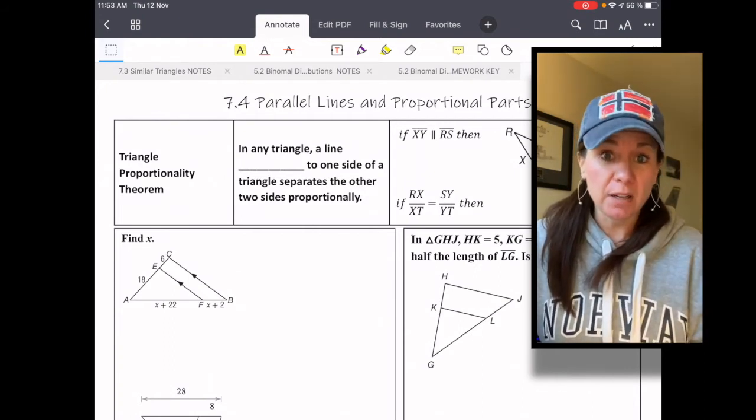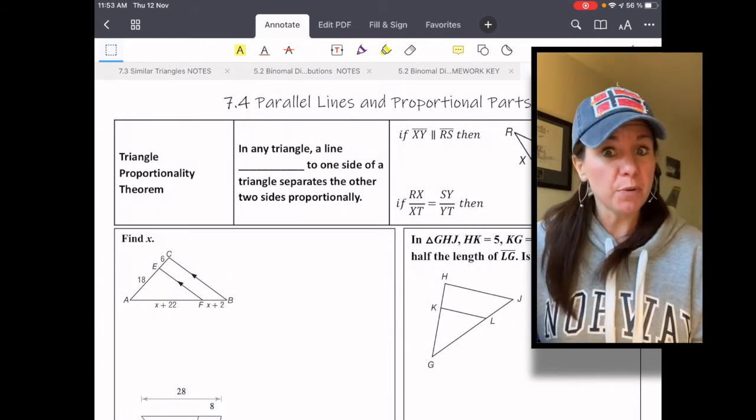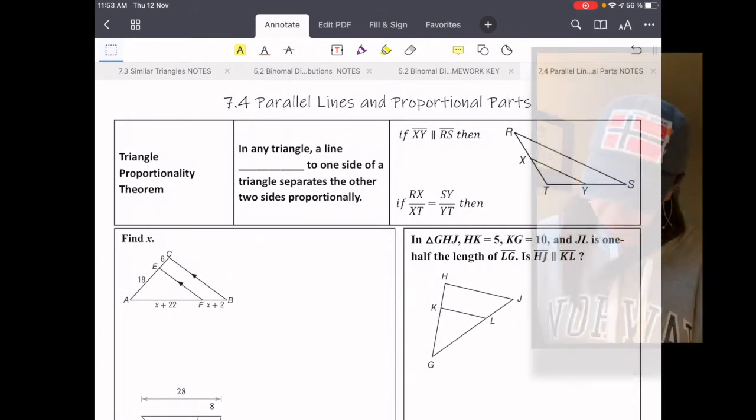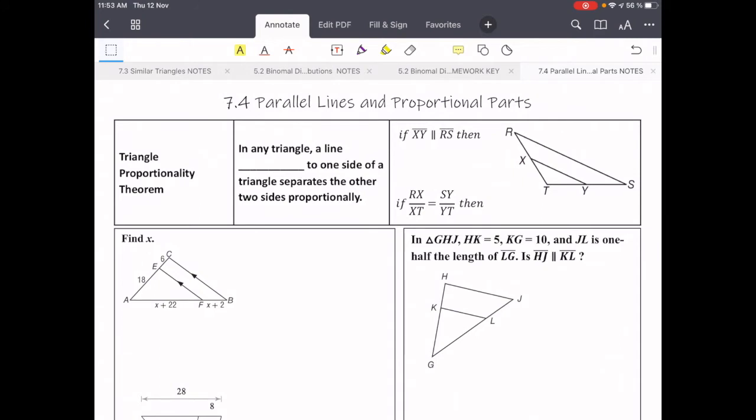The first thing we're going to look at is called the triangle proportionality theorem. In any triangle, a line parallel to one side of a triangle separates the other two sides proportionally.